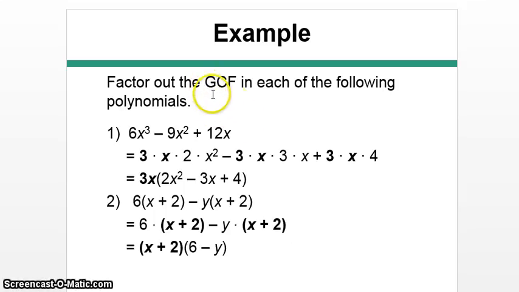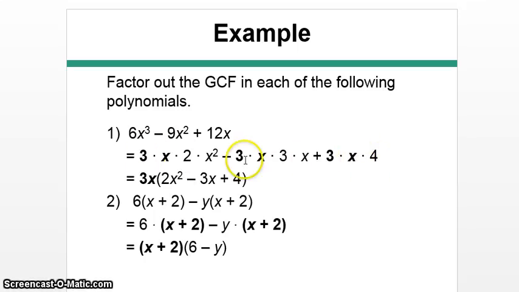Factor out the GCF in each of the following polynomials. 6x cubed minus 9x square plus 12x. Here 6x cubed will be factored in this manner: 3 times x times 2 times x square. 9x square will be factored as 3 times x times 3 times x, and 12x will be factored as 3 times x times 4.